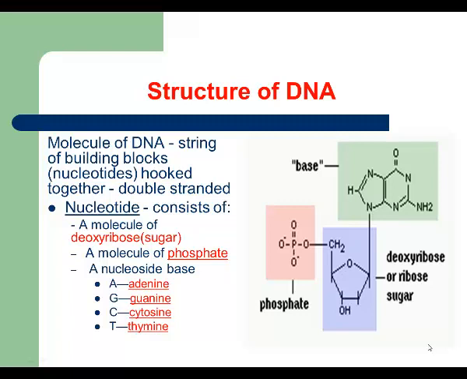Each nucleotide consists of three parts: deoxyribose, which is sugar, a phosphate group, and nucleoside bases, or we just call them bases. There are four bases in the DNA molecule. Those are A, adenine, G, guanine, C, cytosine, and T, thymine.